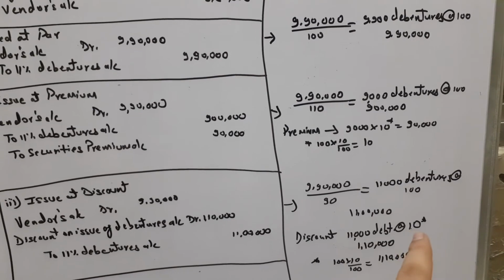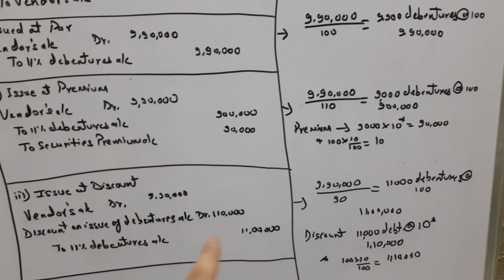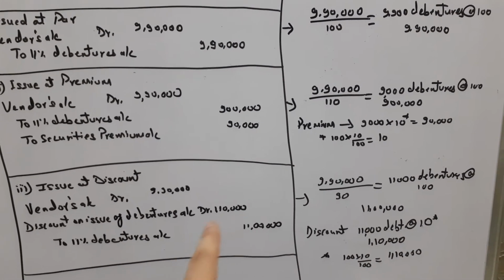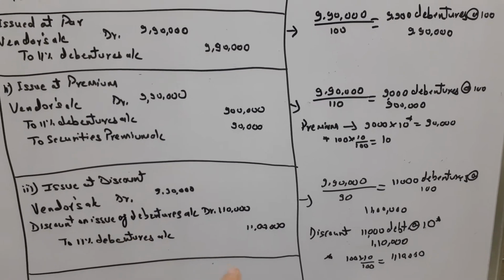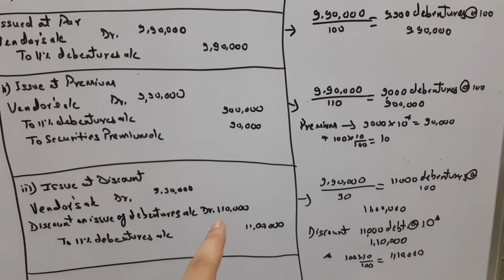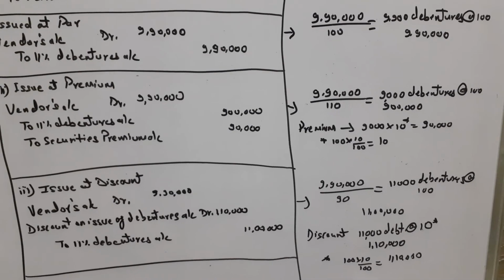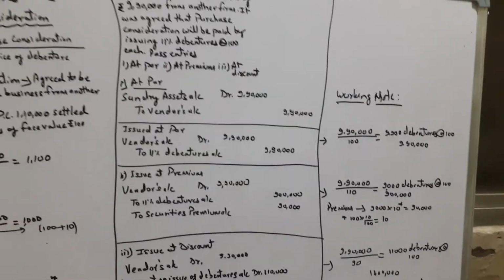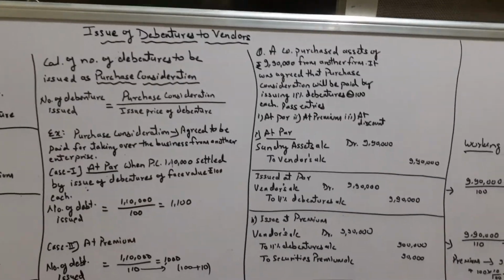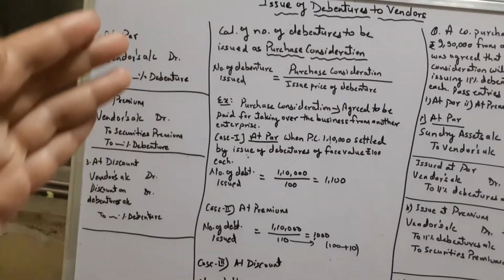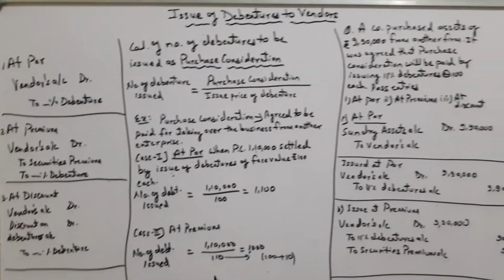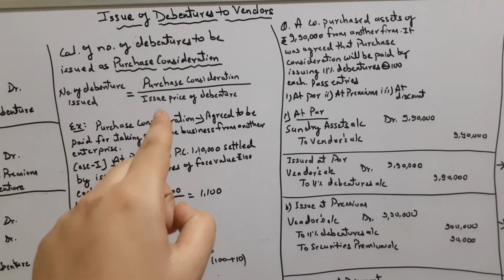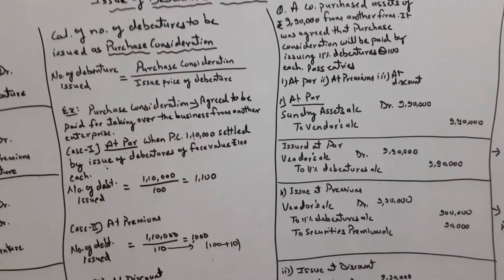So 11,000 multiplied by 10 gives you 1,10,000. Here we have written 1,10,000 in the discount column. When you add up, you get 11 lakh. So this is how the calculation goes when debentures are issued to the vendor in 3 cases: at par, at premium, at discount. How to calculate the number of debentures? By dividing the purchase consideration by the issue price of debenture.